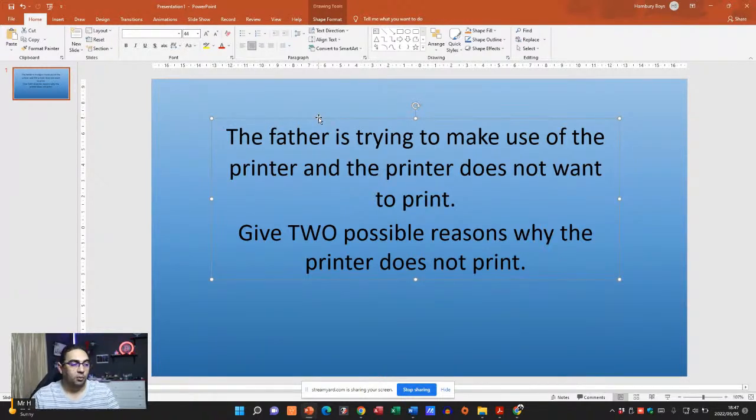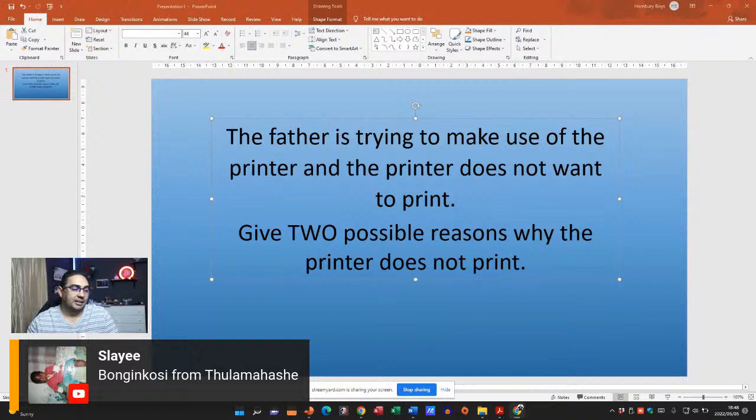Let me know in the comments. What is your answer? Read that question and tell me what a possible answer could be. The father is trying to make use of the printer and the printer does not want to print. Give 2 possible reasons why the printer does not print.